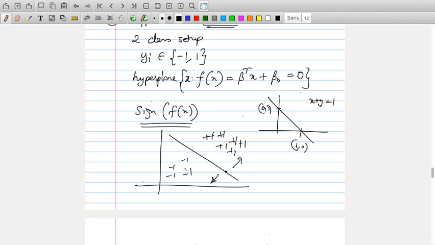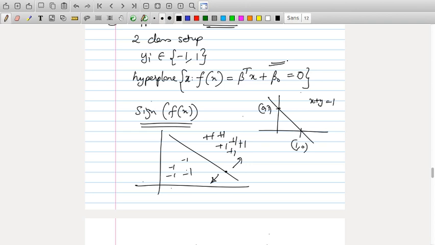So is the classifier clear? I'm defining a classifier as follows: I have a bunch of points, maybe they're overlapping or not; here I've just separated them. I first define a hyperplane which has parameters. In fact, if x is in p dimensions, there are p plus 1 parameters here, because I'm explicitly writing an intercept, for historical reasons. Don't worry about it.